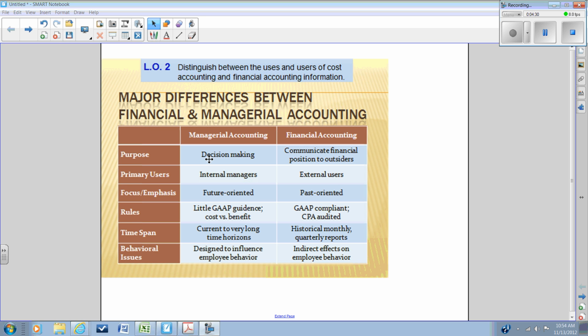So, in short, financial accounting is for the external user. Because we are dealing with the public, the profession has set up many rules. In managerial accounting, we're dealing with internal users, and we are going to set up our rules that best fit the needs of our internal users. So there are no GAAP rules as relates to communicating with internal management.